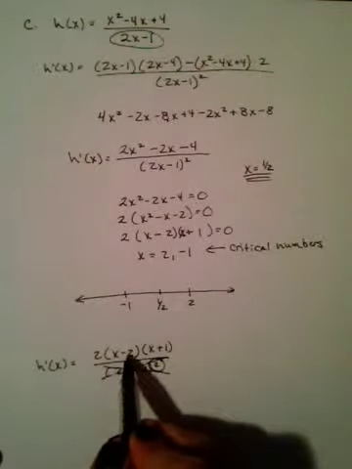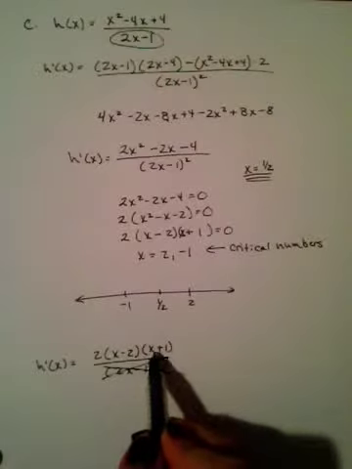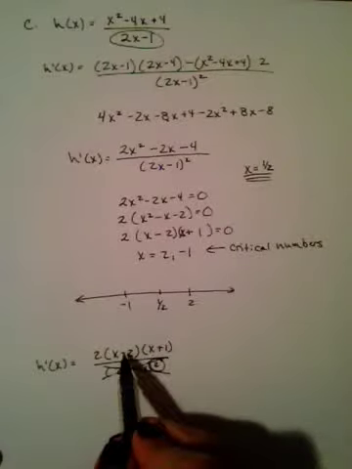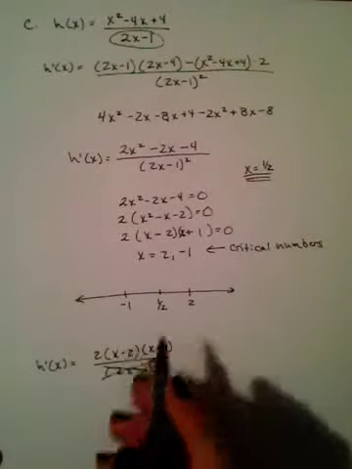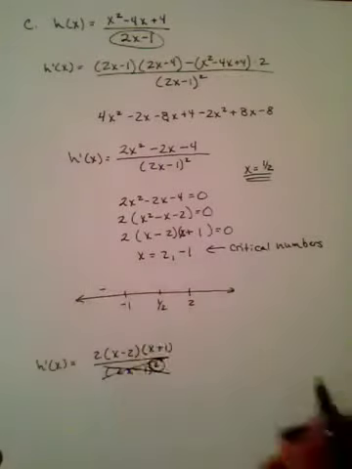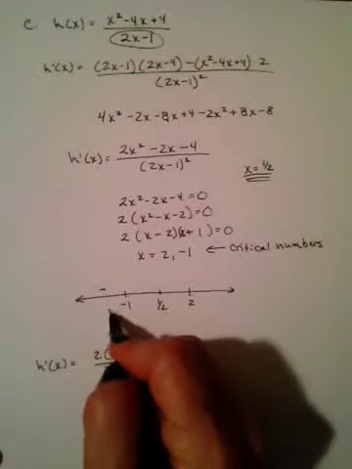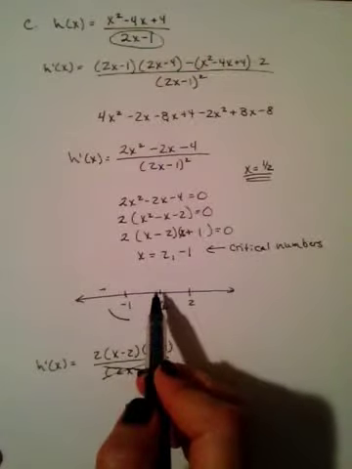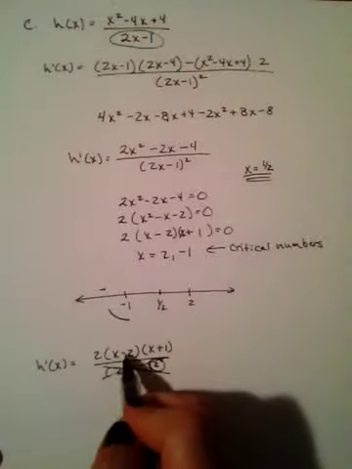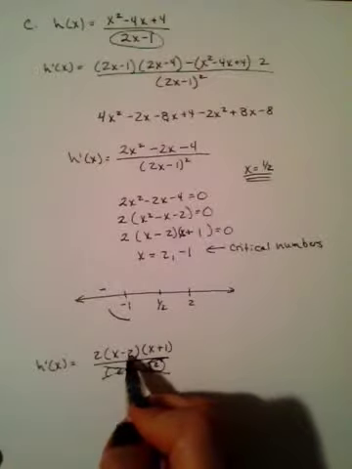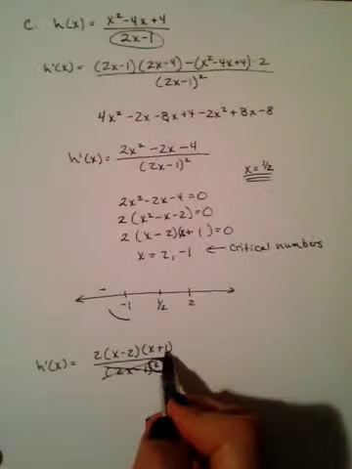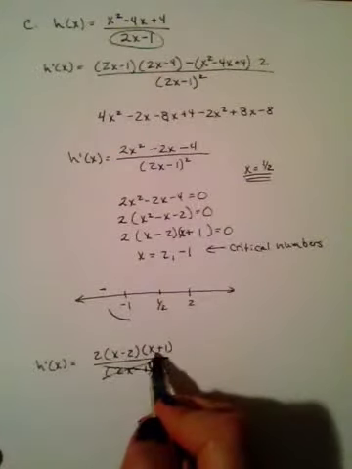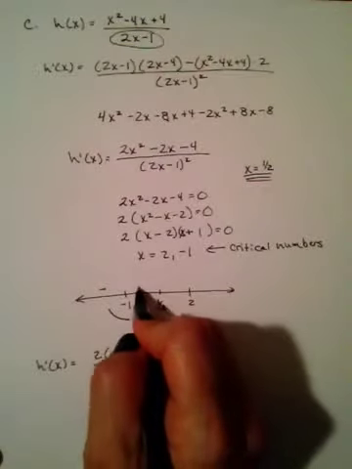So now I'm going to pick a number, and I might pick something like negative 10. Negative 10 minus 2 is a negative. Negative 10 plus 1 is a positive. A negative times a positive is negative. So my original function was decreasing. If I pick a number between negative 1 and 1/2, I might pick 0. 0 minus 2 is a negative. 0 plus 1 is a positive. A negative times a positive is negative.